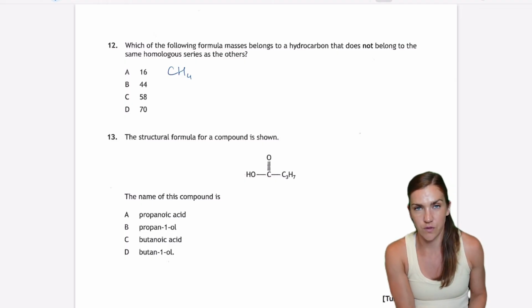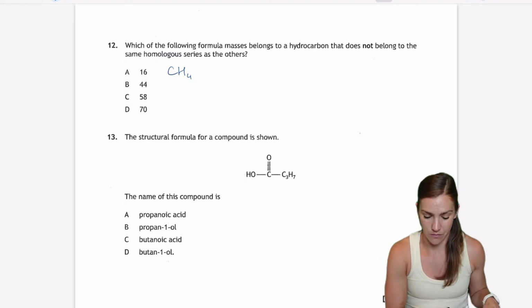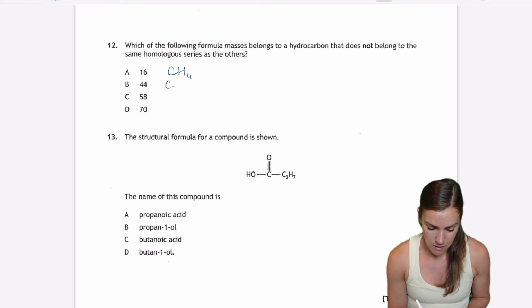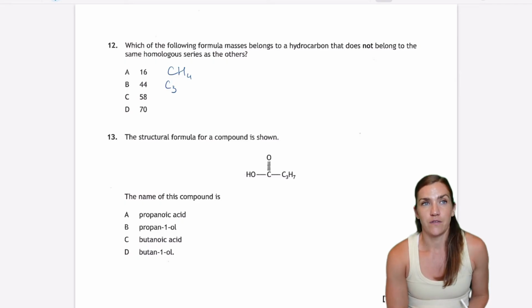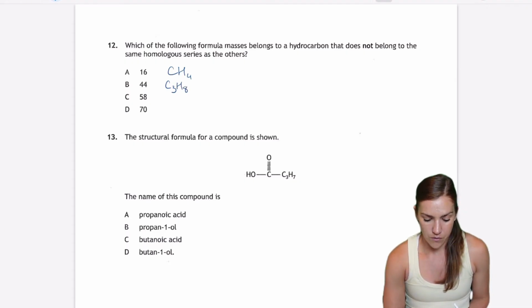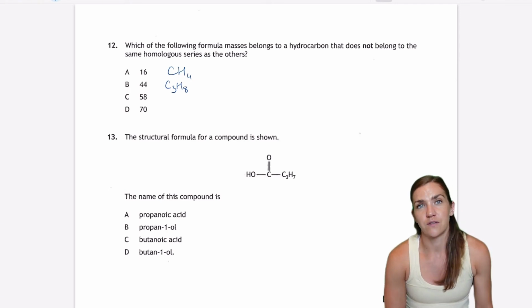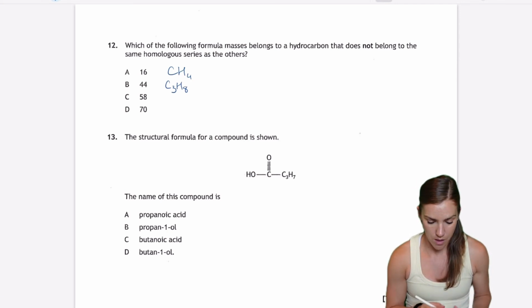If it's got a mass of 44, there's probably 3 carbons, because 3 times 12 is 36. So that'd be C3. If you've got 36 because of the carbons, that leaves 8 for the hydrogens. So that would be 8 hydrogens then. If we've got a mass of 58, we're probably going to have 4 carbons.